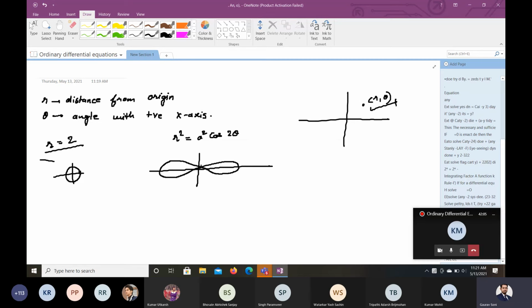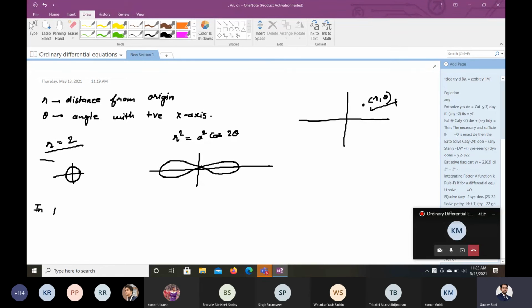So polar equations can also have orthogonal trajectories. In that case, the only difference is that in Cartesian you replace dy by dx with minus dx by dy.